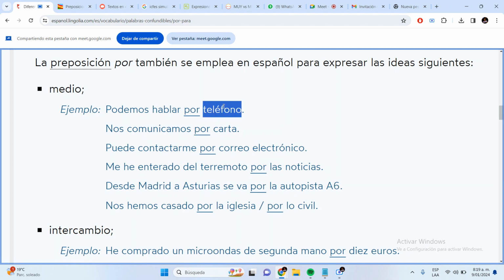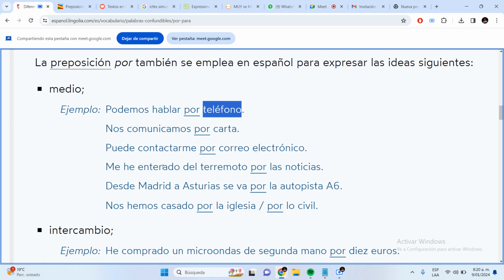So here the object is el teléfono and here is la carta. But they are all options to communicate, right? Or to do the thing we're talking about. In this case, you can communicate using a letter, and here you can talk using a phone, right?